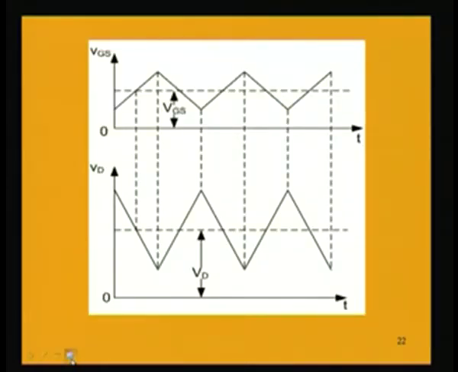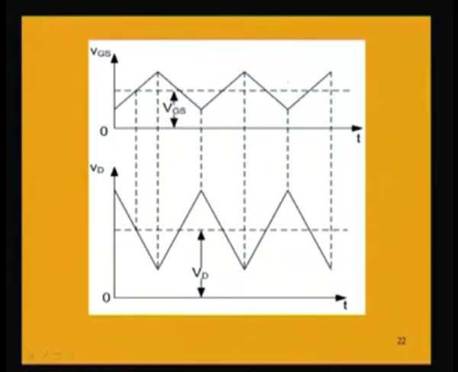So, now if we look into the output voltage and input voltage, let us apply a triangular voltage. We are just taking the example of a triangular voltage. It may be a sinusoidal voltage also.